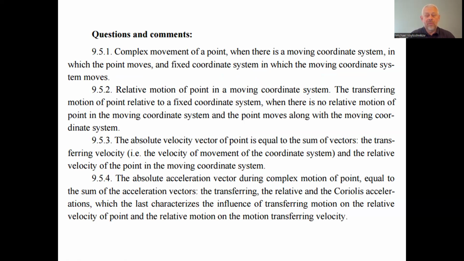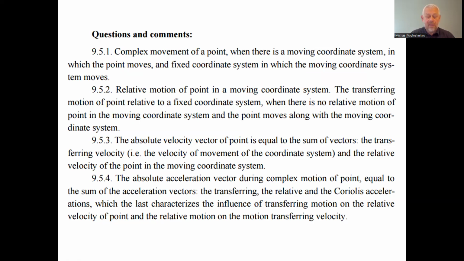951, complex movement of a point, when there is a moving coordinate system in which the point moves, and the fixed coordinate system in which the moving coordinate system moves. The complex movement of the point means that we have the fixed coordinate system in which the point moves absolutely. Next, we have the moving coordinate system.